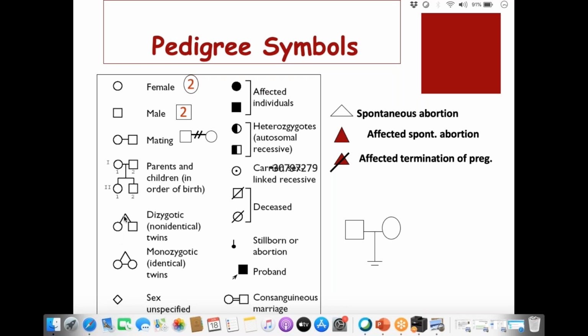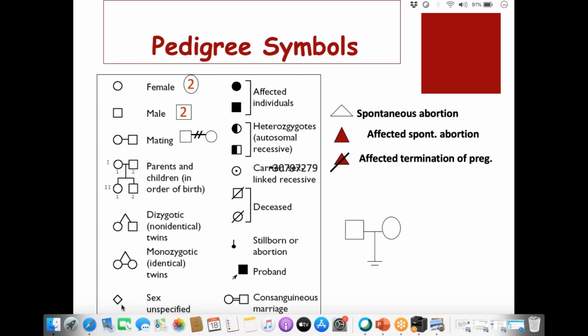Now these are dizygotic twins, while if you put the central line, these are monozygotic twins. So in dizygotic, obviously this is dichorionic, diamniotic. In monozygotic, usually it's difficult to distinguish monochorionic, monoamniotic, or monochorionic, diamniotic.